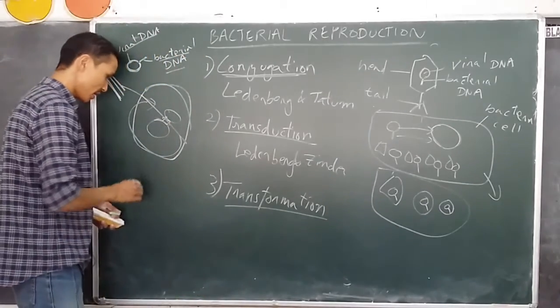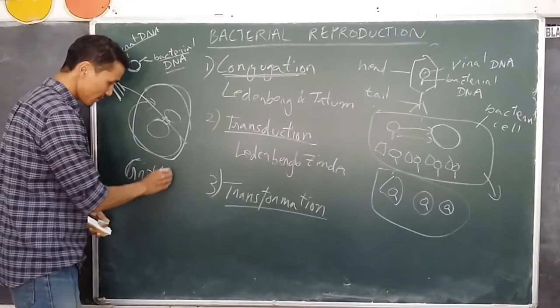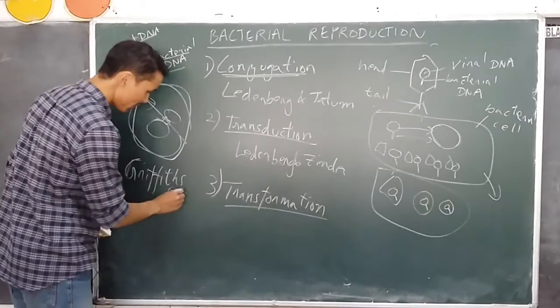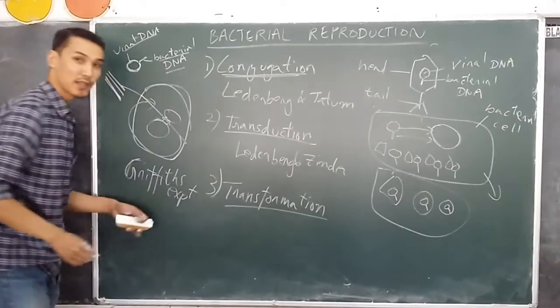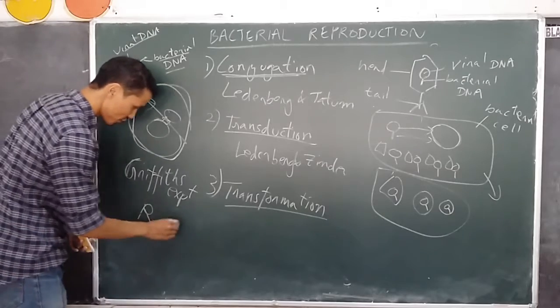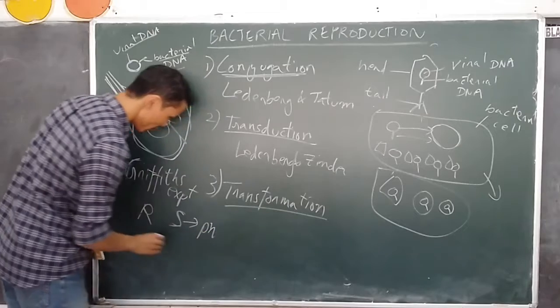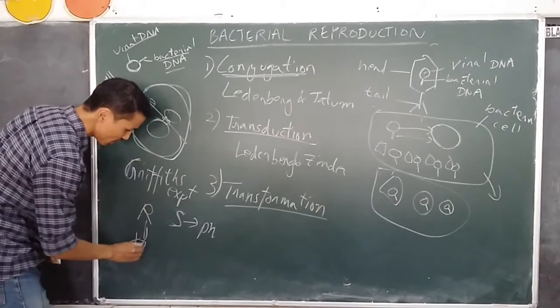Such transformation, or this mechanism, can be used to explain Griffith's experiment in which he injected mice with two strains of Diplococcus pneumoniae, that is the rough strain and the smooth strain. Smooth strain was able to cause pneumonia, rough strain did not cause any pneumonia.